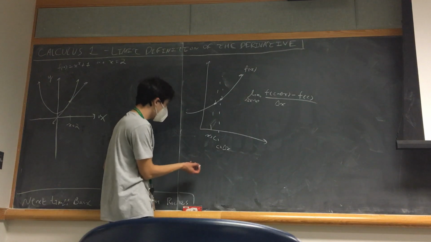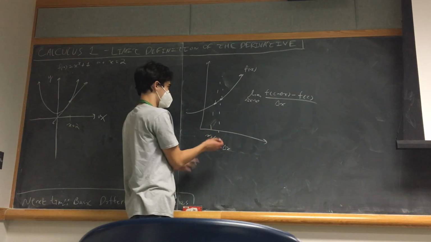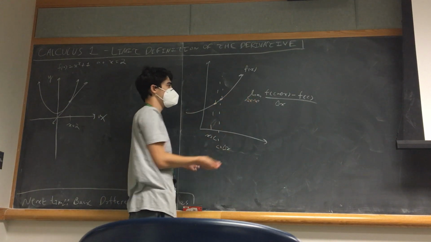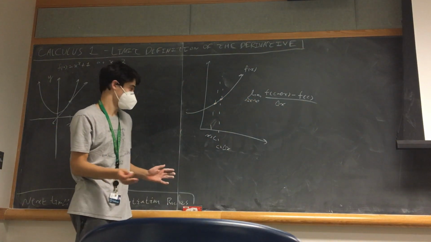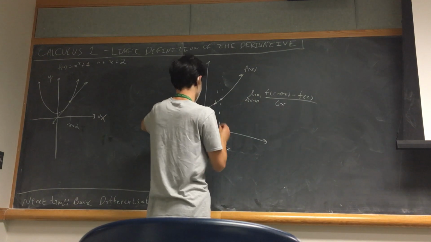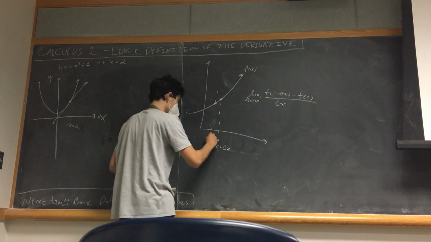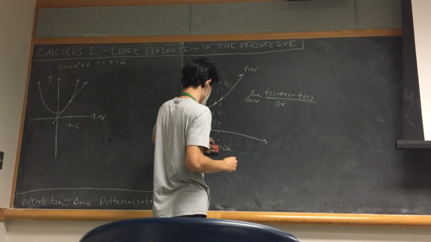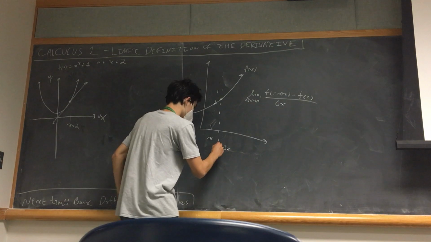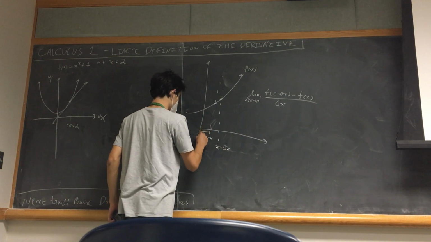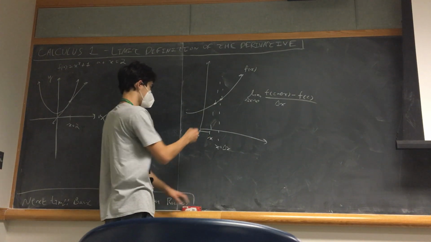But we don't want to necessarily calculate it at a specific point c. We just want to know what the derivative is going to be for any given x. So how we can do this is say, instead of saying that this specifically is x equals c, set this as x. And then this here becomes x, and this here is just x units away from the y-axis.